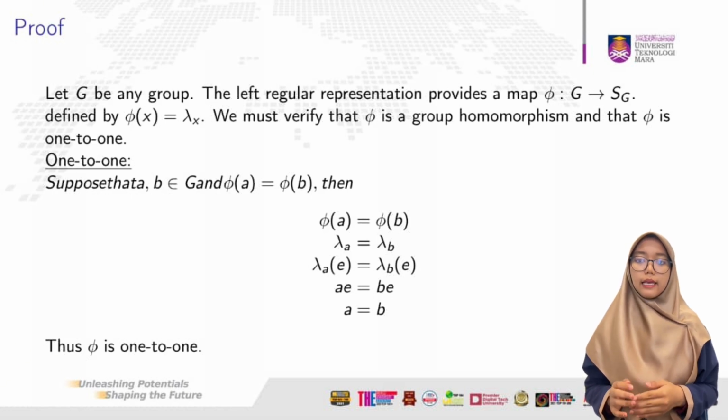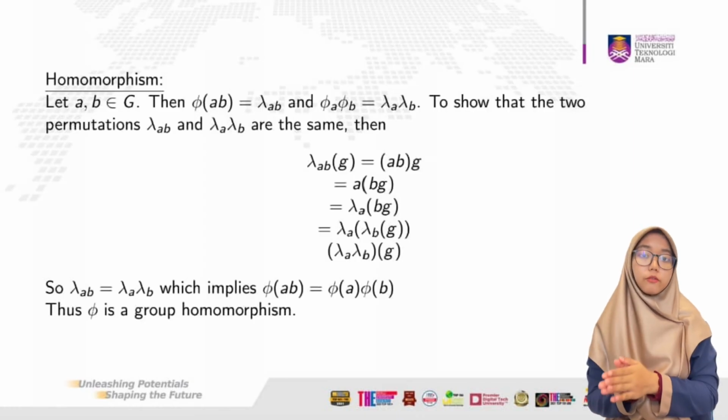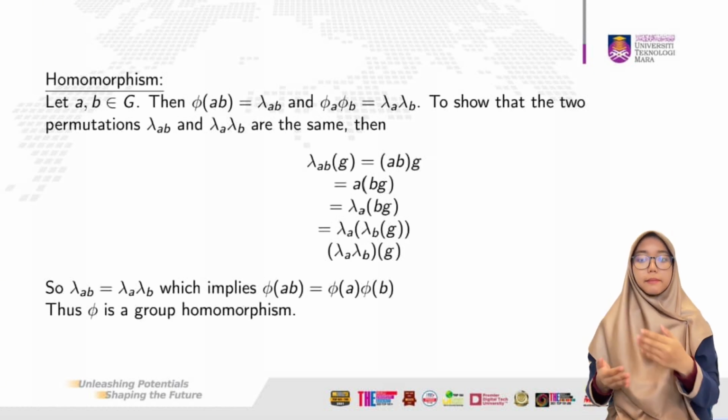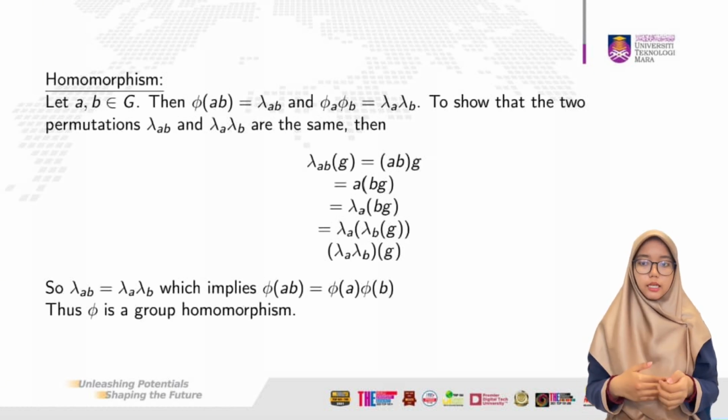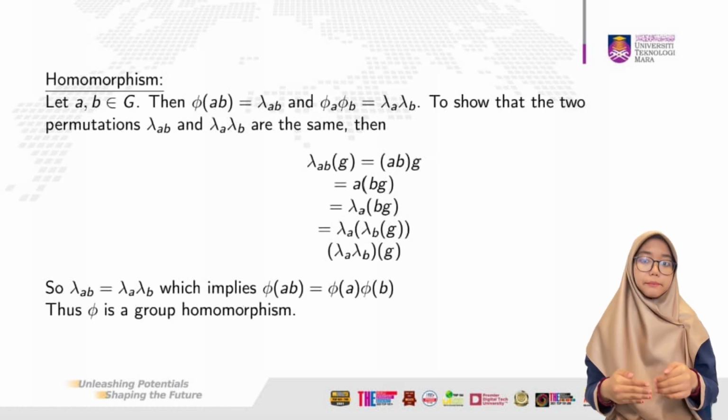Then we get ae equals be, and by properties of the identity, we get a equals b. Thus, phi is 1-to-1.